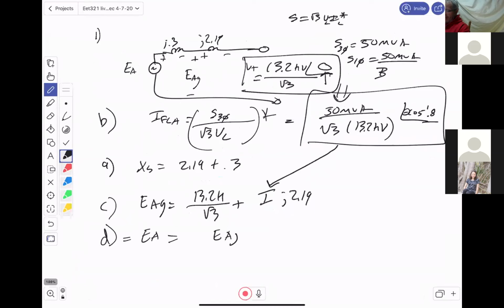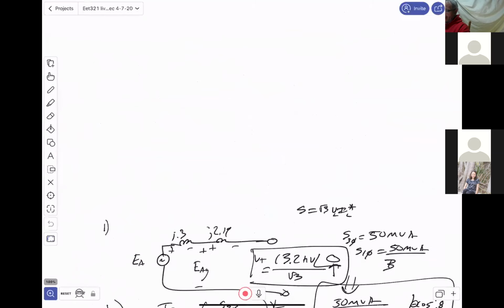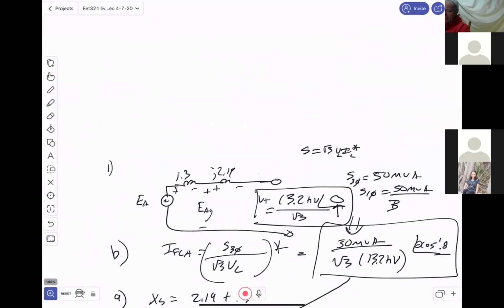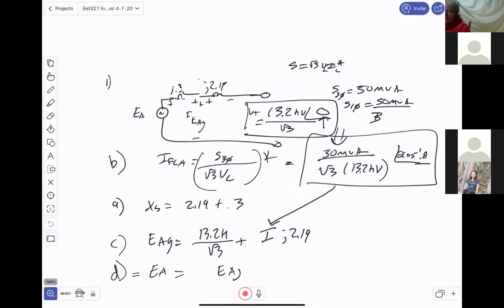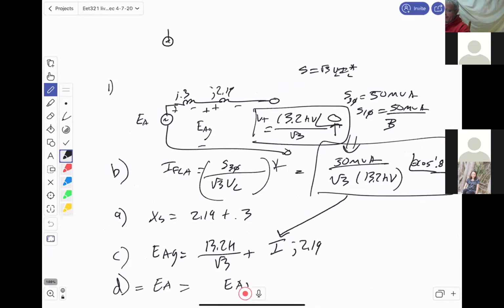So if I go back to the original circuit, because I don't have it here, if I draw my equivalent circuit again, this is the internal generated voltage that I have, the EA there. And I have to include all these voltage drops to get to EA. So I always have to include that VT.